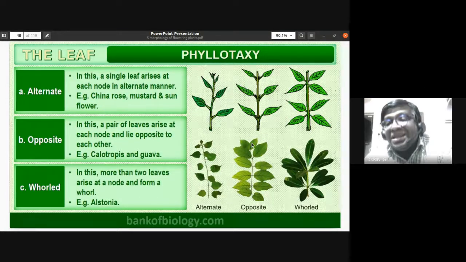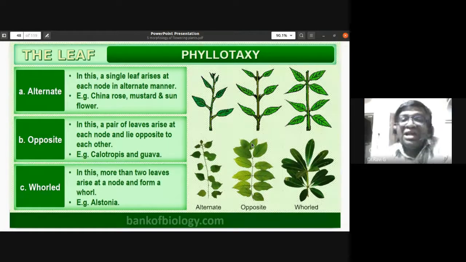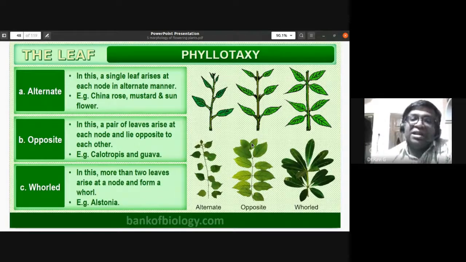So this sort of arrangement where a pair of leaves arise at each node and lie opposite to each other, we call it as opposite arrangement of leaves or opposite phyllotaxy. Example for this opposite phyllotaxy is Calotropis and guar tree. So you can notice in guar tree also.